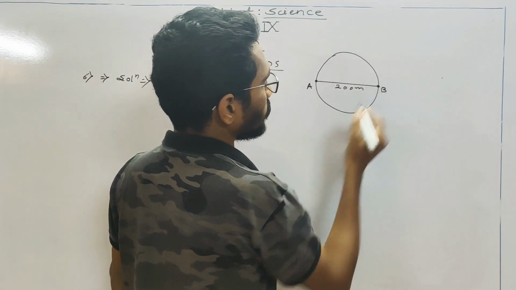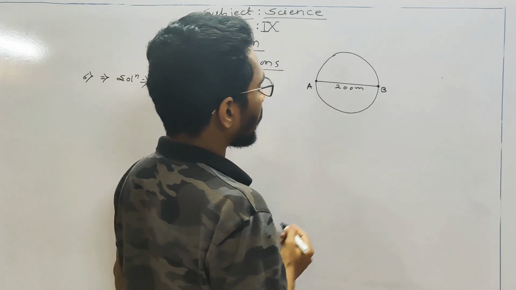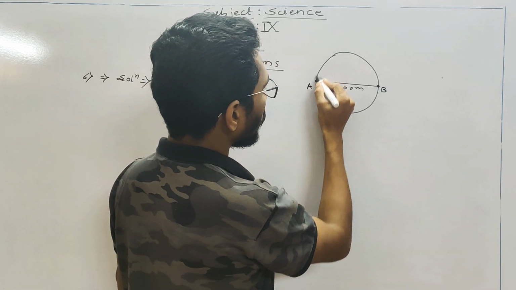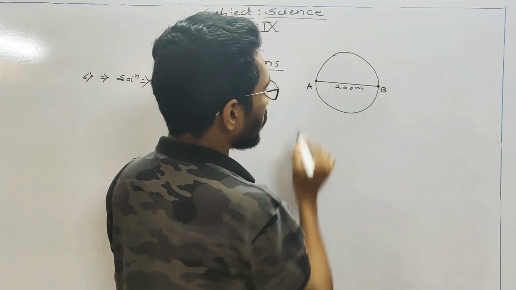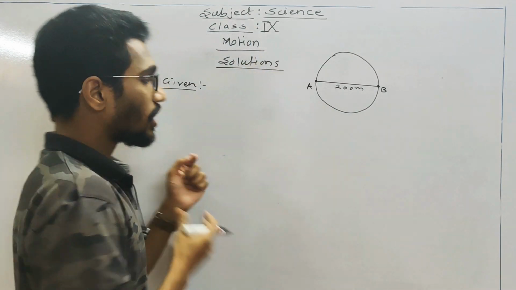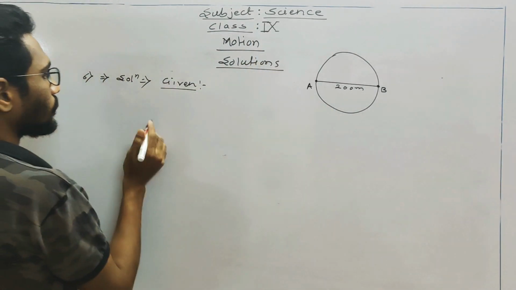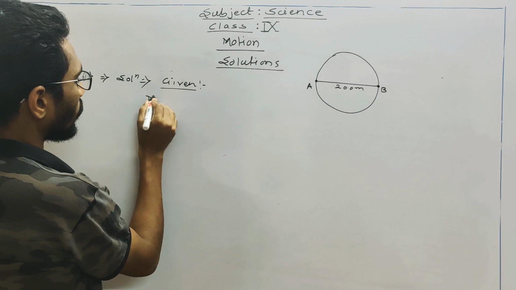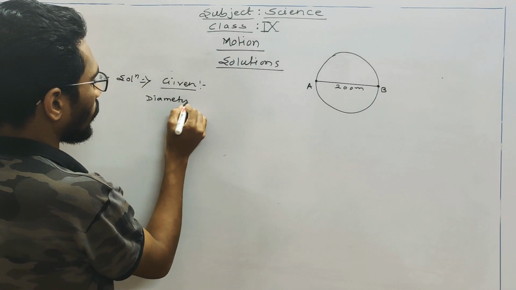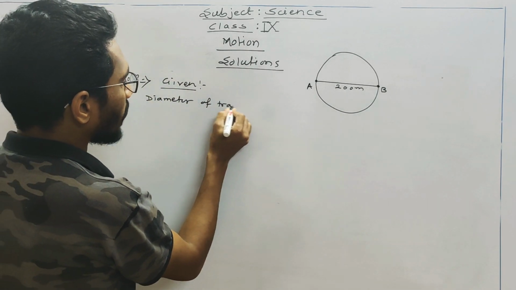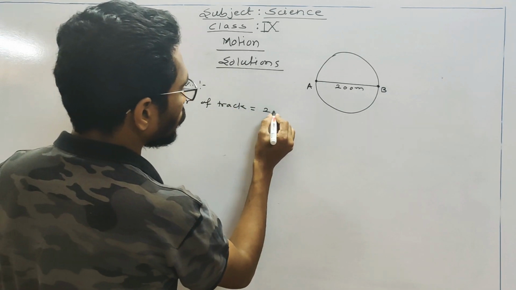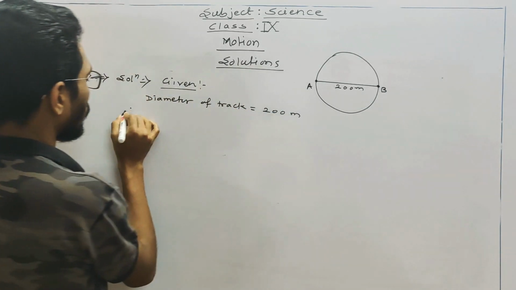For example, this is diameter AB. So that athlete starts from point A and completes one round in 40 seconds. So first given thing is diameter of track is equal to 200 meter.